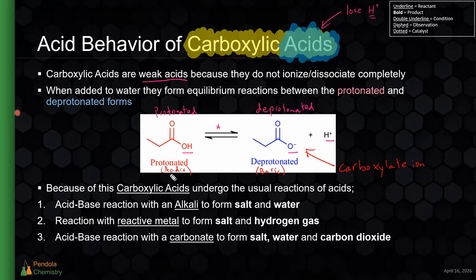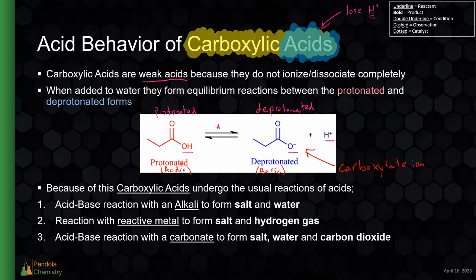Under acidic conditions, the carboxylic acid exists in its protonated form, which is the carboxylic acid as we would normally see it, with the carbon double bonded to oxygen, and OH. So the H is still there. Now, because carboxylic acids undergo all of the usual reactions that acids can undergo, there are three main acidic reactions of carboxylic acids.